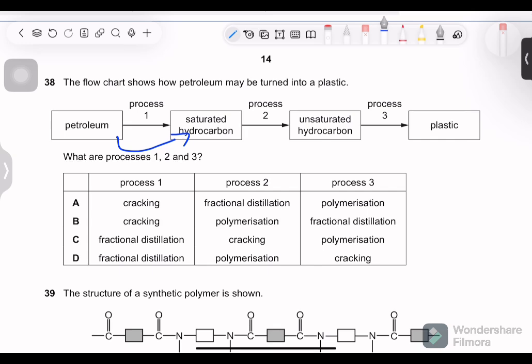And they are alkanes. From alkanes, to turn them into unsaturated hydrocarbons, we need what? From long chain alkanes we can form alkenes, which are shorter chains, and this is a process called cracking. This is just polymerization, in which many alkenes are joined together to form a polymer, and it can be plastic, nylon, different things.